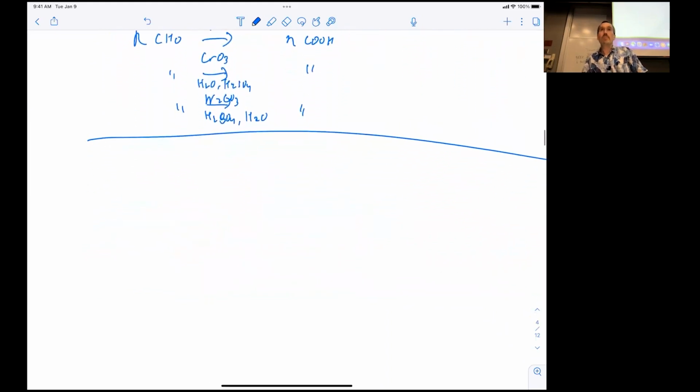All right, at this point, I want to introduce another concept that's very important in synthetic organic chemistry, namely the concept of protecting groups.